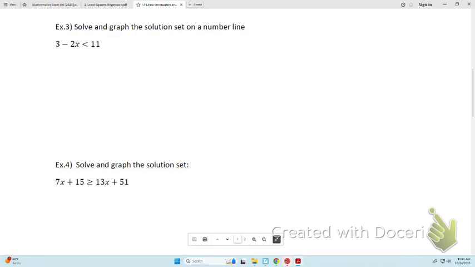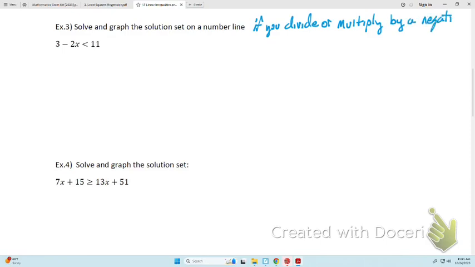So on number 3, we're going to treat the less than sign just like an equal sign, except the one difference in how we handle it is if you divide or multiply by a negative, then you must flip the inequality.